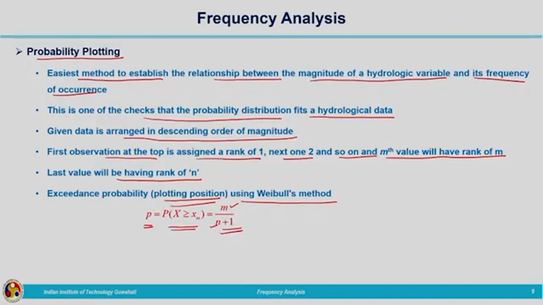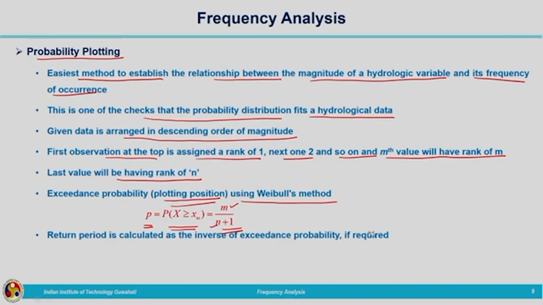That is given by m divided by n plus 1. m is the rank assigned to that particular mth data and n is the total number of data present in the data series. So, by making use of Weibull's method, p can be calculated by using the formula m divided by n plus 1.